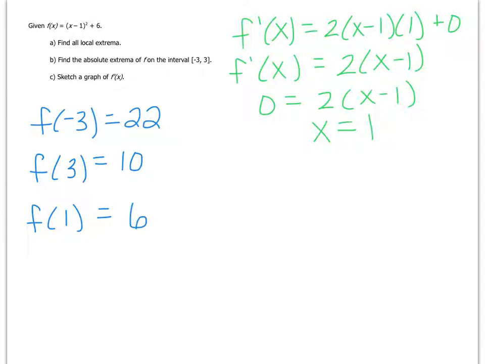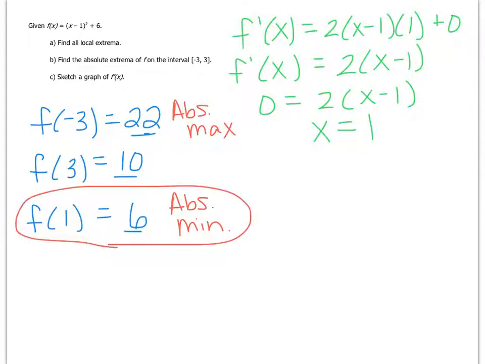So I'm looking at these outputs, these y values, to see which is the highest, which is the lowest. So my highest value here is the 22, so this is my absolute max. The 6 is the lowest of all of these, so this is an absolute minimum. And it's absolute in this interval because of that. So I know this is a local extrema, so it's definitely a minimum in comparison to the graph. In the interval that we're looking at, we know that it's an absolute.